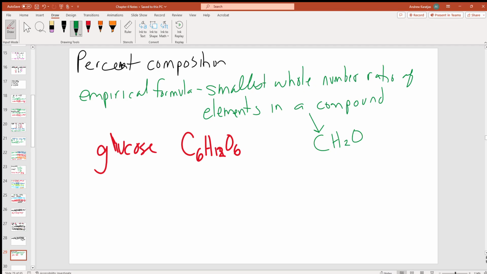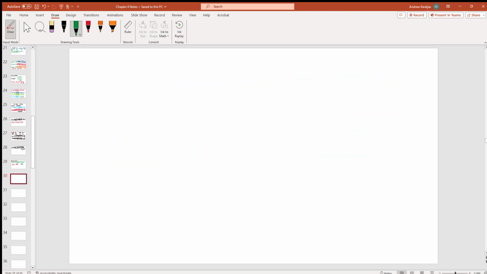And the reason that empirical formulas can be useful to us is when you're trying to determine the actual chemical formula or molecular formula of a substance, we often start by being able to more easily determine this type of ratio. And we'll just do one example of that here.